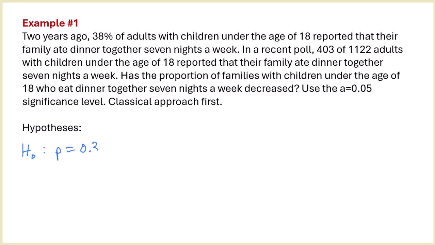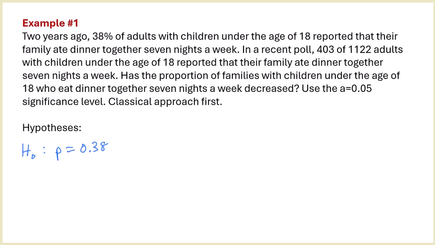So our null hypothesis is this, that P equals 38%. Now remember, P stands for the population proportion. But which population? The one 2 years ago or the one that we just did? Good, the one we just did, because that's the one we're asking about.